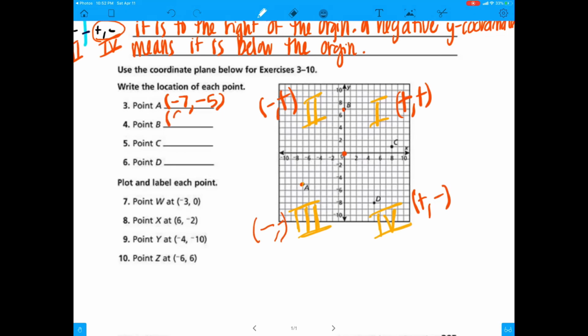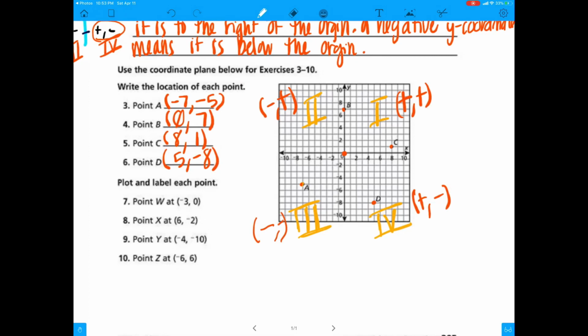My x coordinate is 0, but I went up 7, so it's 0, 7. C, I went over to the left 8, and then I went up 1. So -8, 1. And D, I went to the right 5, and I went down 8. So 5, negative 8.